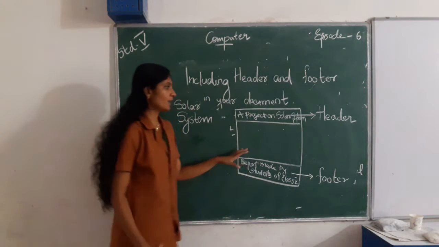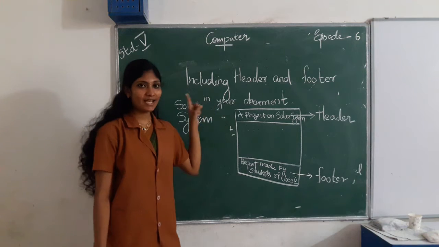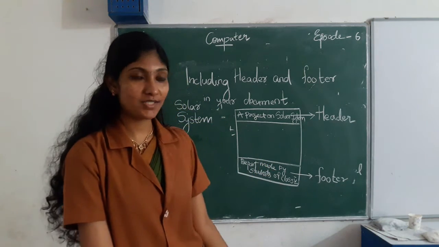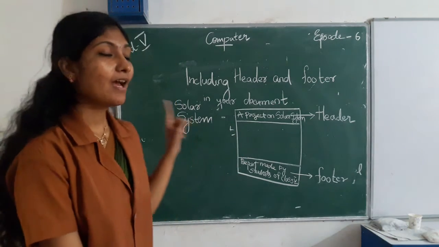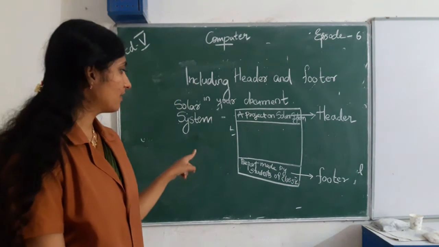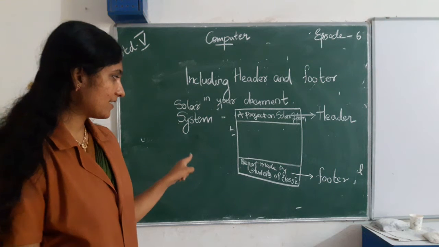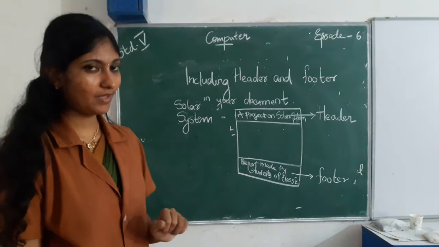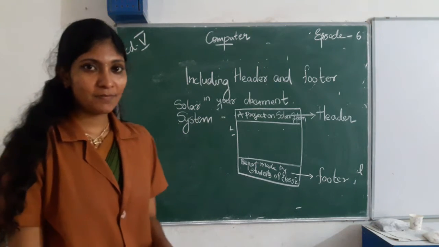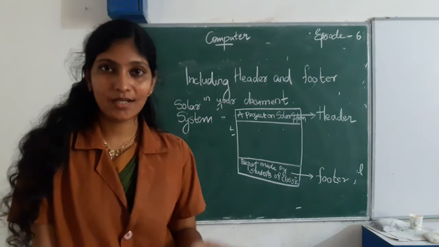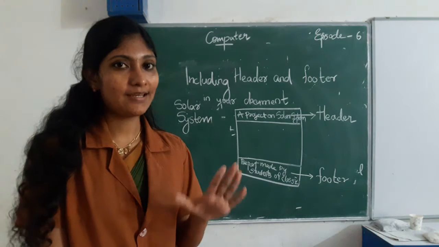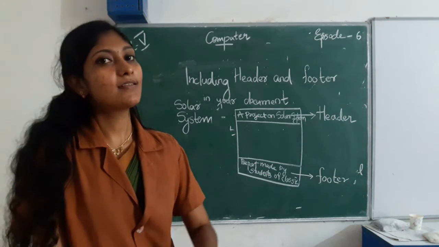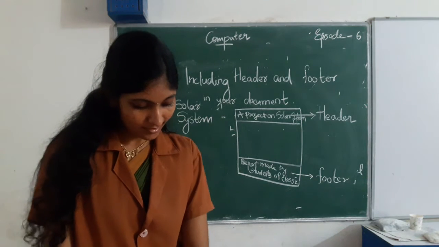Okay. So in the header section we can write a sentence like a project on solar system, and in the footer section we can type a title that is report made by students of class 5. And remember, if we add a header or footer text in a page, it will be reflected in all the pages in that document.